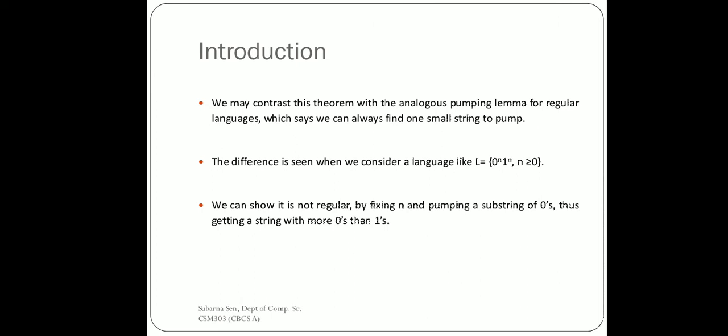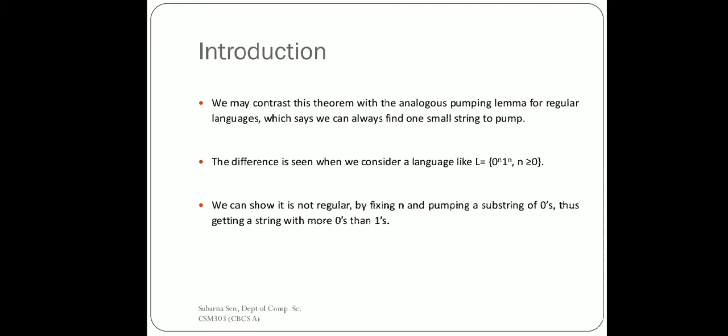We may contrast this theorem with the analogous pumping lemma for regular languages, which says we can always find one small string to pump. Here we have already covered this point beforehand. In case of regular language, we find one small string instead of two. Say we are considering the language 0 to the power n, 1 to the power n, where n is greater than or equal to 0.